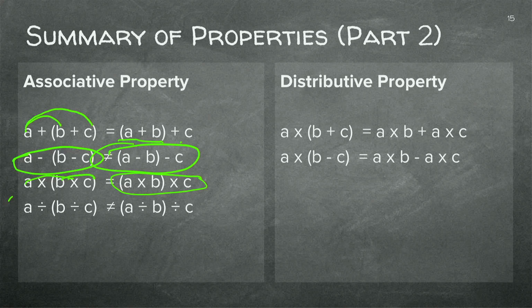And the last one is the distributive property of multiplication. And that is where whatever is in the brackets, you don't have to do that first. You multiply the number in front with both numbers in the bracket and you just add it or subtract it.